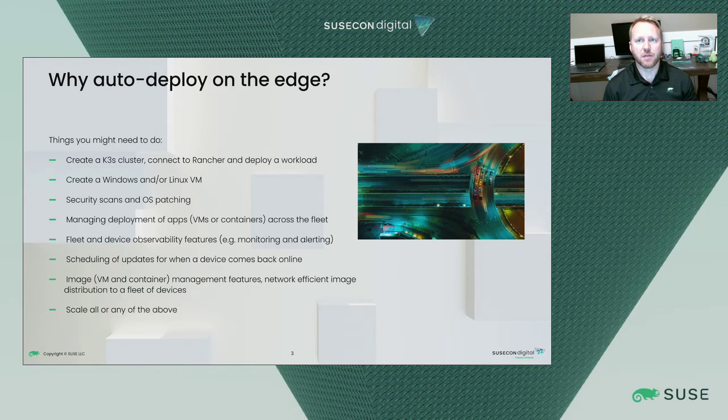So there might not be a way to really manage that. It could be out at a cell tower. It could be a substation for a power company. It could be something like a small satellite data center, or even a store, for example. Those are all good examples of an edge type data center.